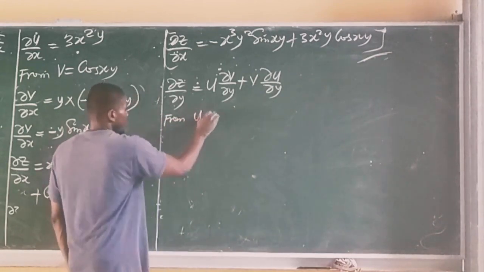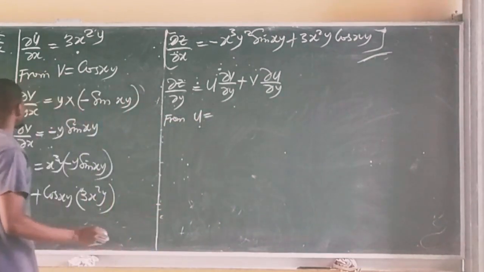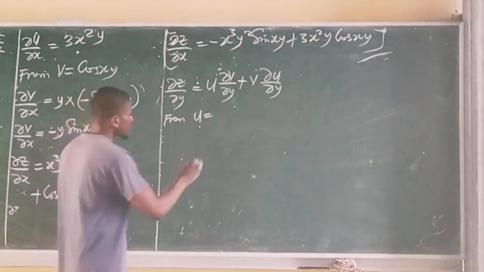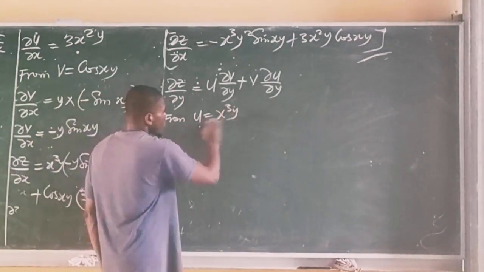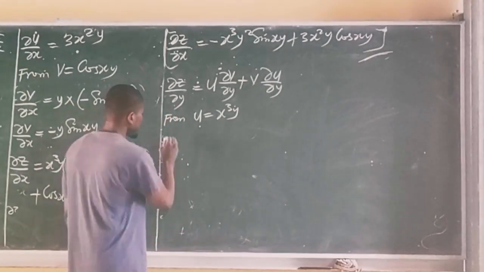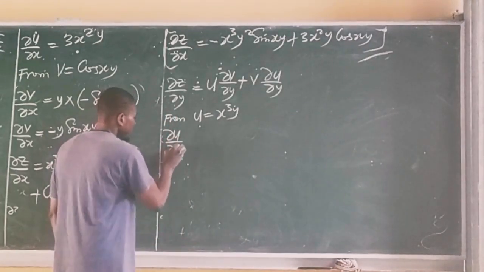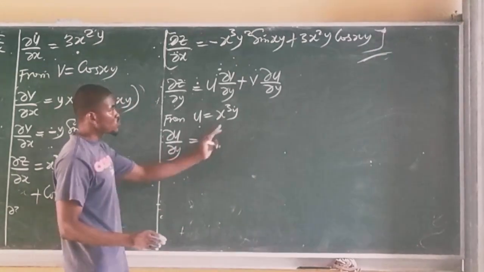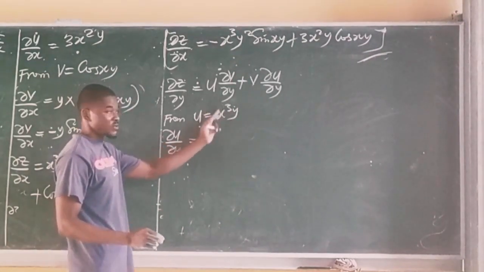So we pick up v and u. From u equal to x cubed y, we differentiate u partially with respect to y. Since u is changing with respect to y, it means we are going to keep x cubed as constant.